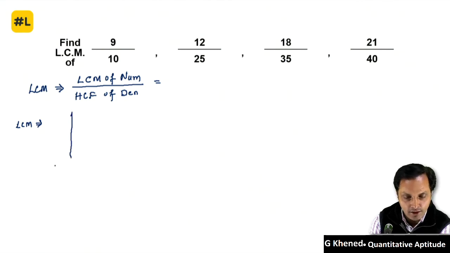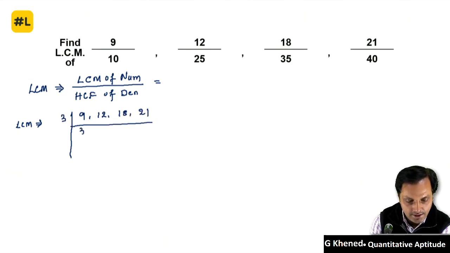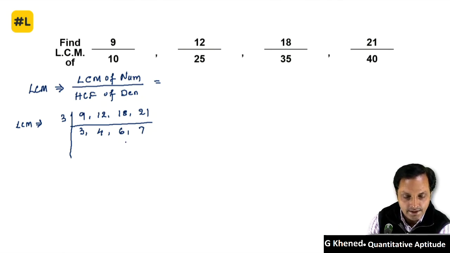You have to do the long division method again, 9, 12, 18, 21. You can just cancel it, 3 3s are 9, 3 4s are 12, 3 6s are 18, 3 7s are 21. You have to find the LCM.